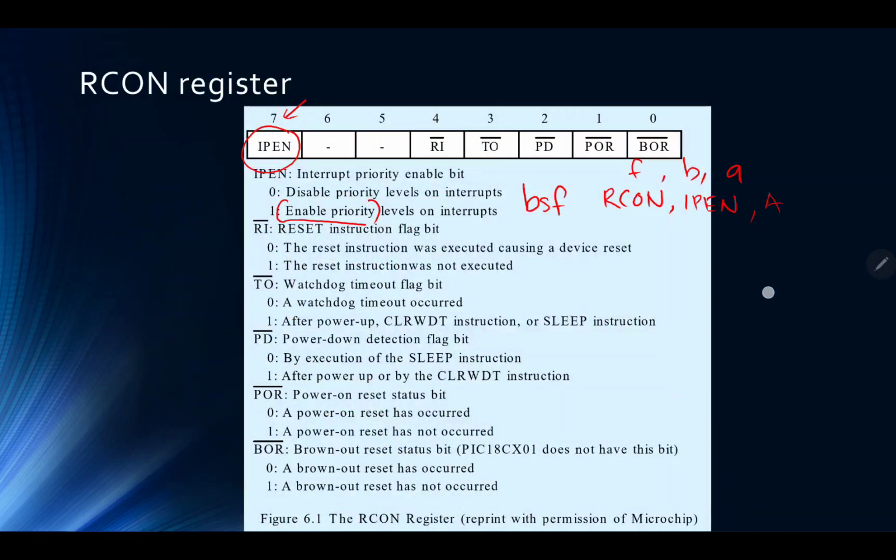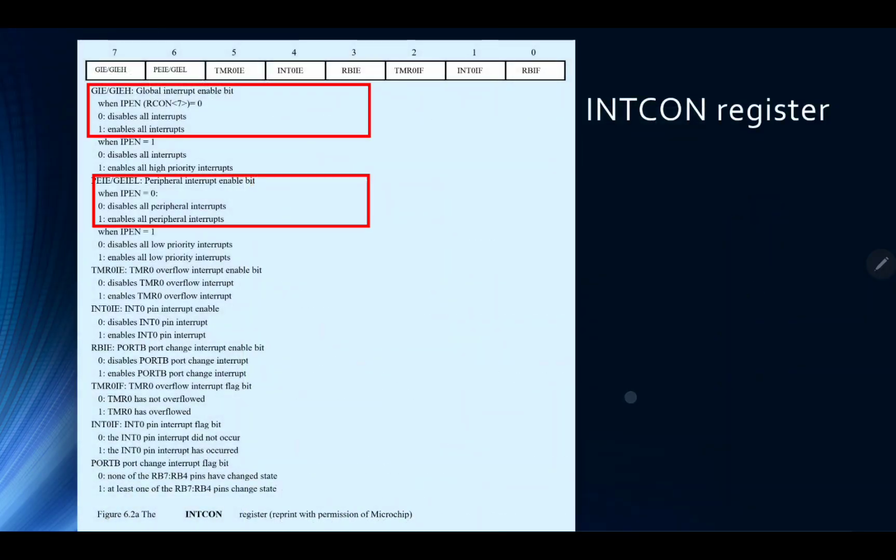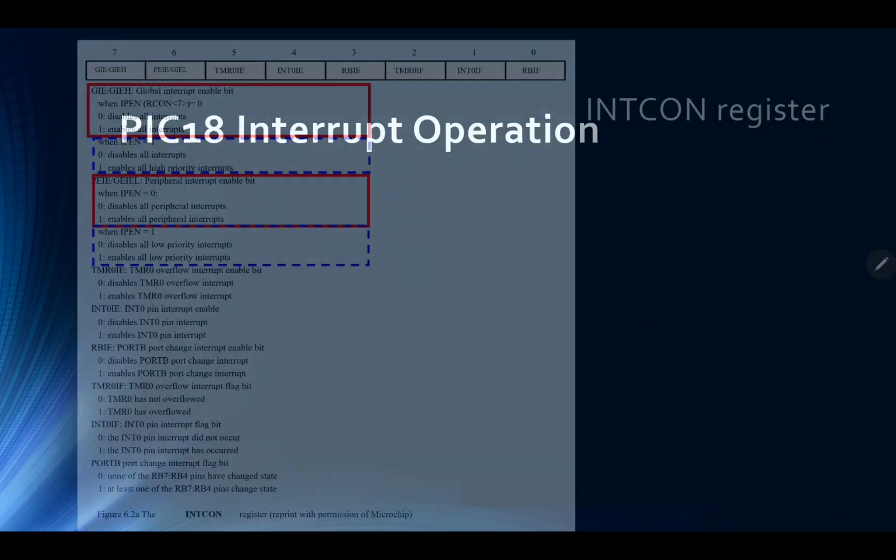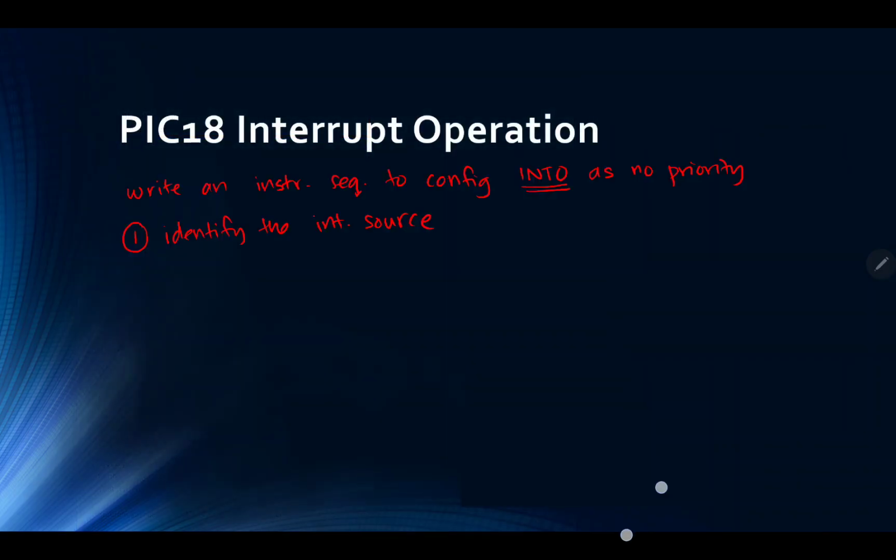So the first thing that you want to do is identify the interrupt source. What is the interrupt source here? The interrupt source is INT0. The second question that you want to ask is, which group does this interrupt belong to?